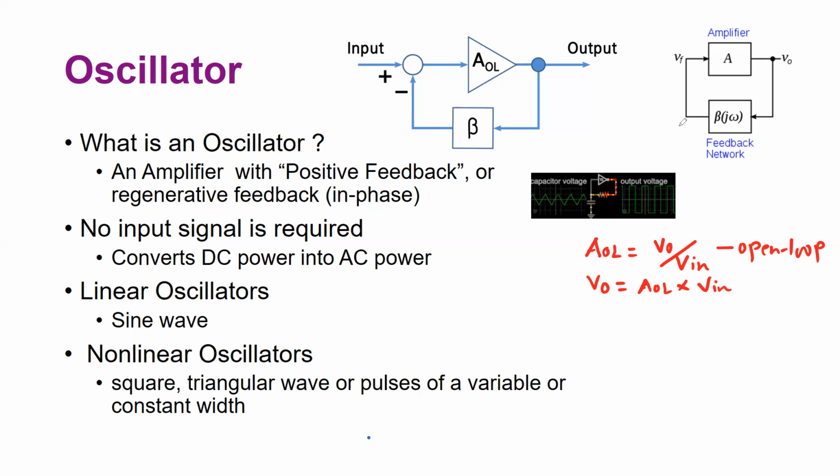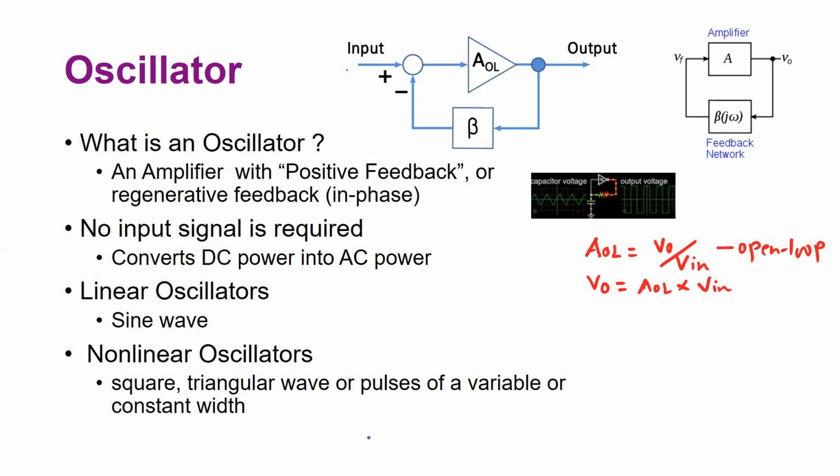Okay, so let us first understand how the amplifier system will work with the closed loop. I just explained to you how the circuit works in open loop, but what about the closed loop?